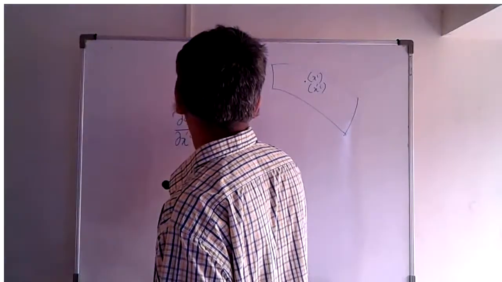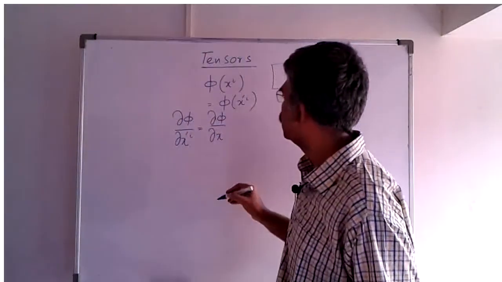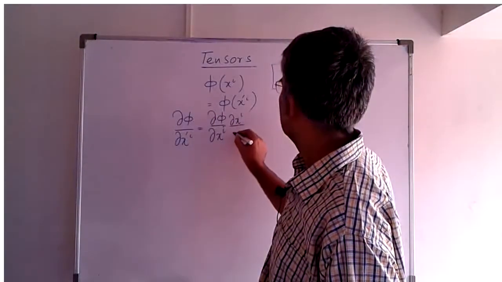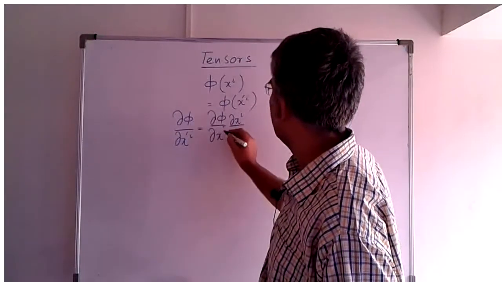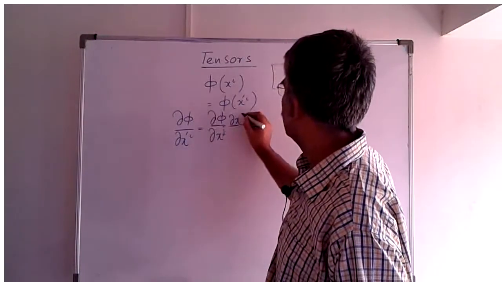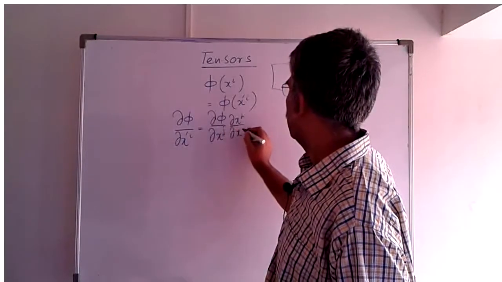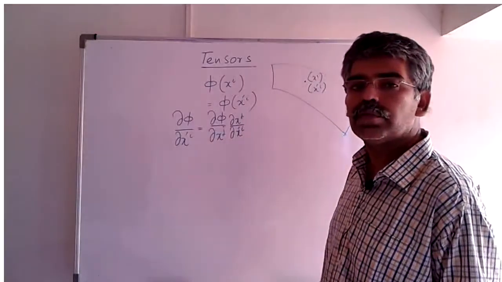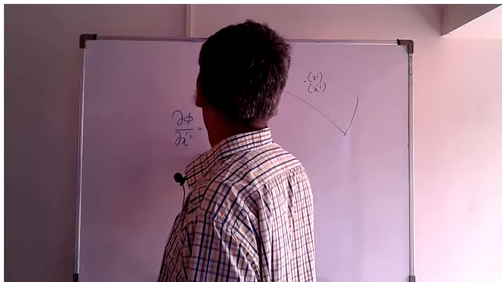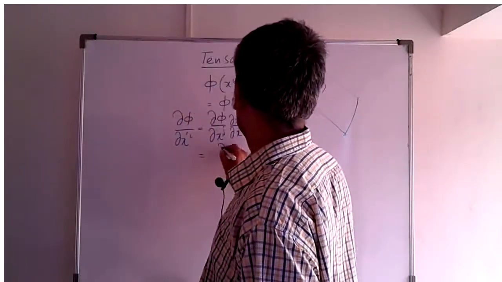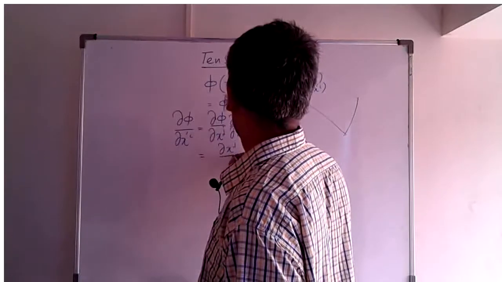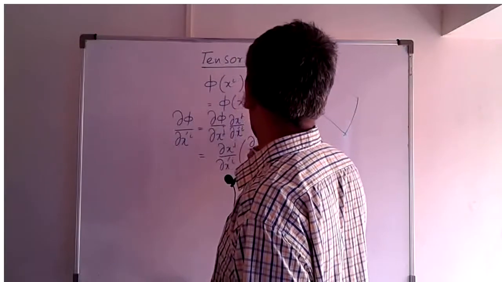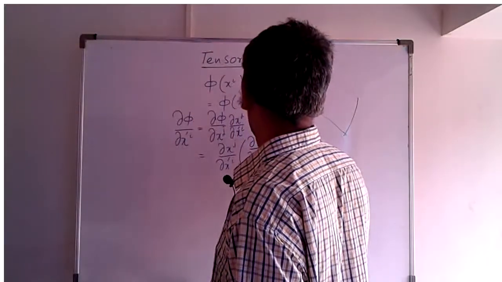This is del phi del xi, sorry, it should be some other dummy index, j, del xj del x prime i, right? Now bring this in front: del xj del x prime i times del phi del xj.